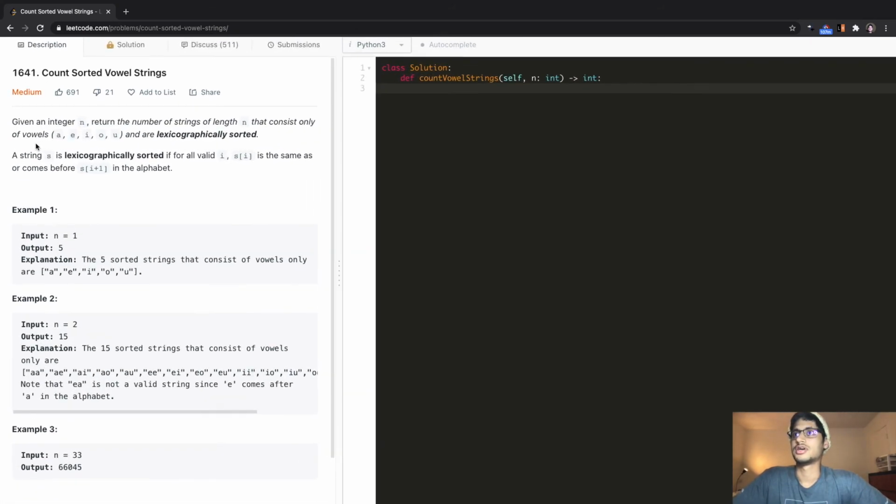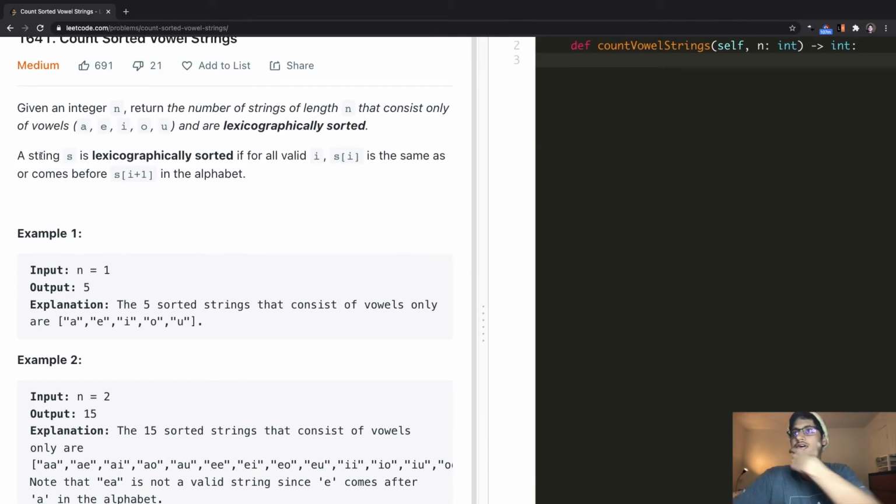So before solving it, obviously I have to read the question. We're given integer n, and we are supposed to return the number of strings of length n that consist only of vowels a, e, i, o, u and are lexicographically sorted.